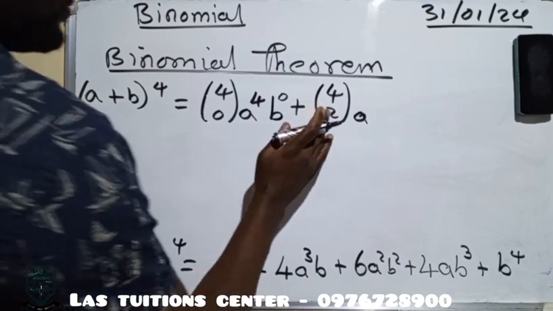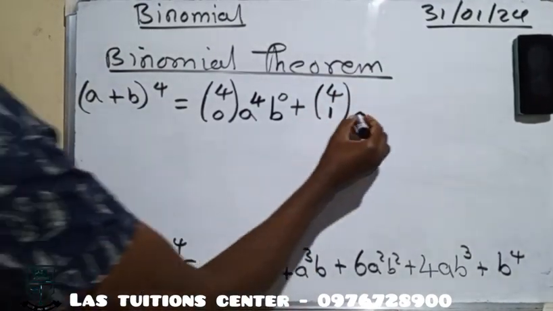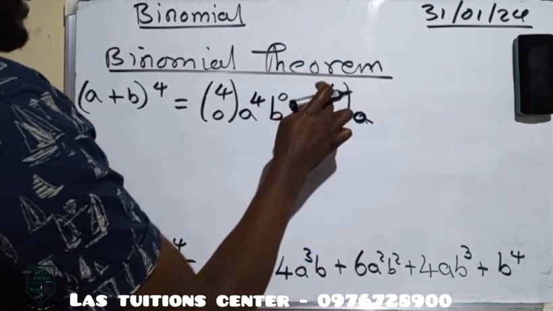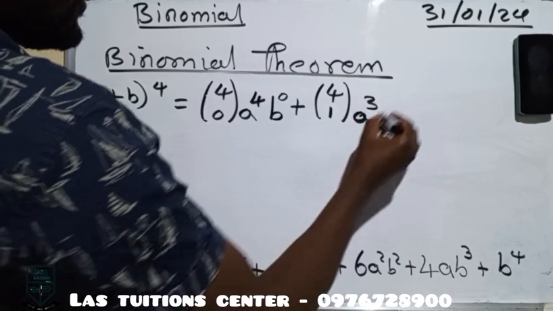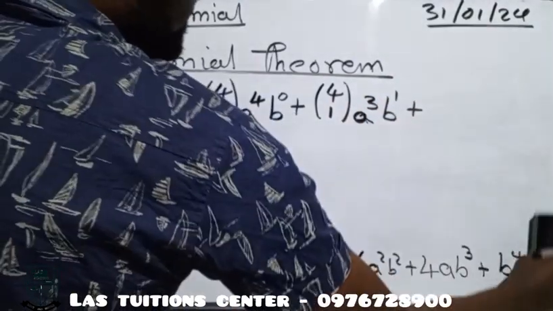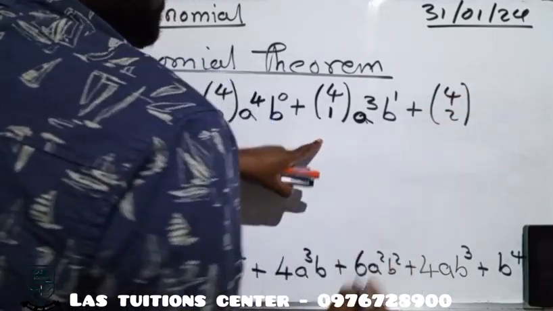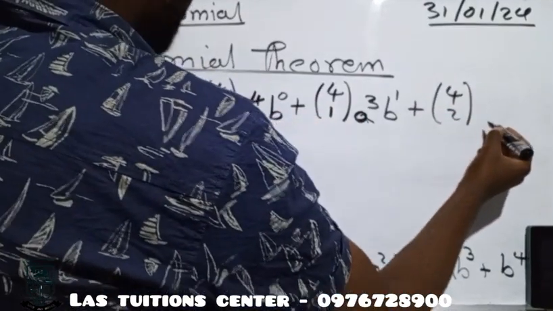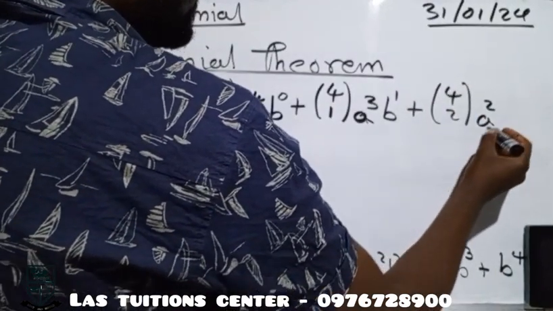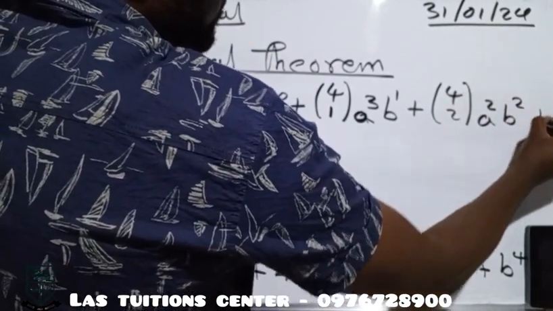We have moved from 0, so we need to have a 1 here first. So we have 4 choose 1, and the power of a now will be 4 minus 1, which is 3, while the power of b will be 1. Plus the next one will be 4 choose 2. Then a will carry 4 minus 2, we get 2. Then b will carry the power that is down here, which is 2, plus.